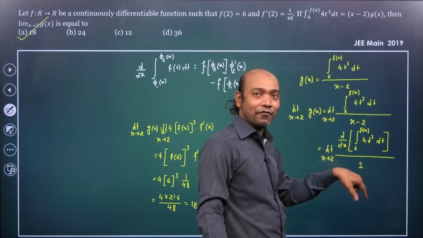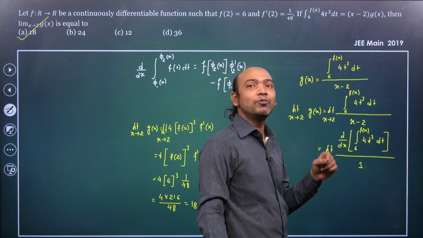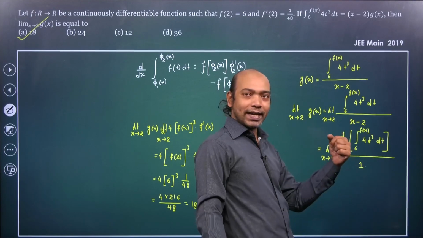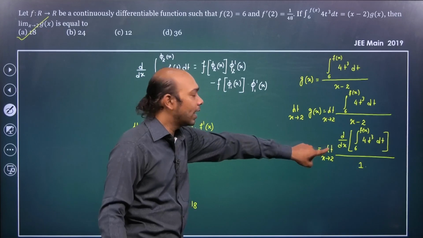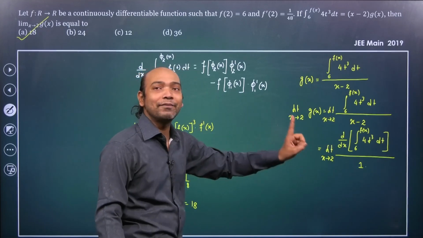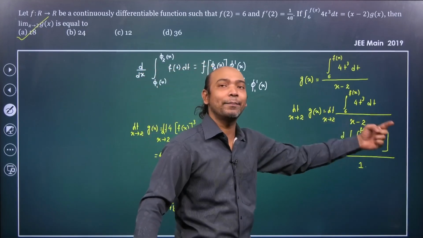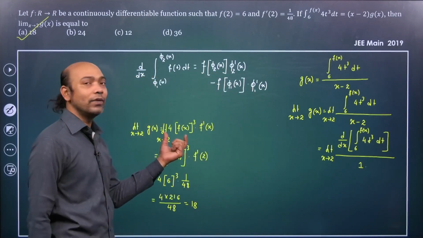If I substitute f(x), we get f to the power 4. If I differentiate again, because we are applying L'Hopital's rule, it becomes 4 f(x) cube into f dash x. That's what we write here.